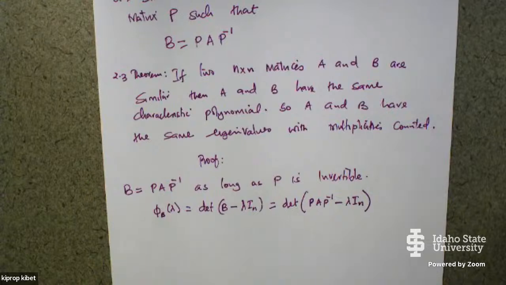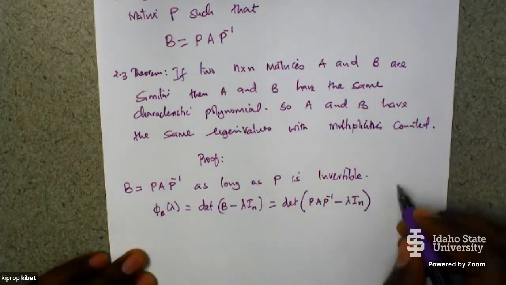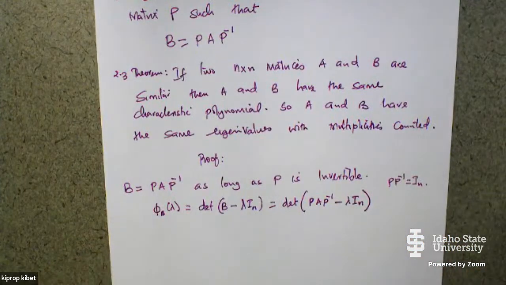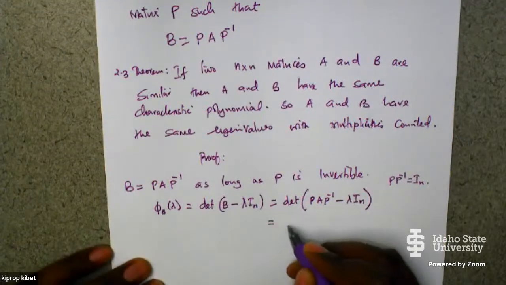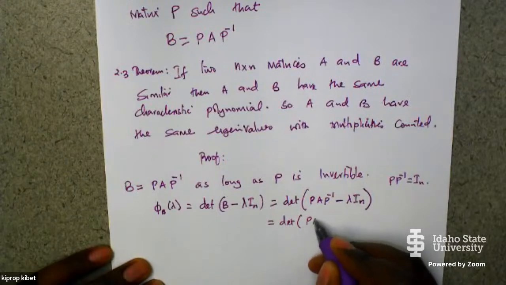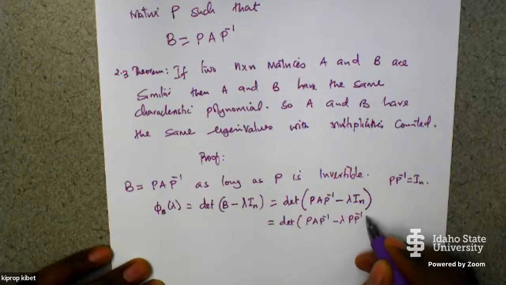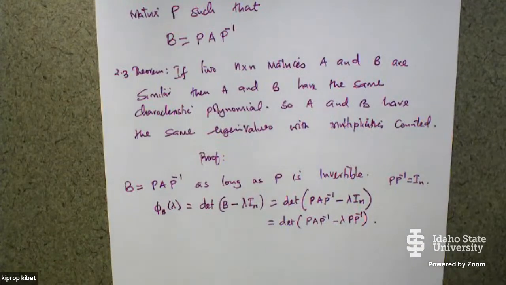Now, if P is invertible, then P inverse times P can still give us I n. So this is the same as the determinant of P inverse minus lambda P inverse.